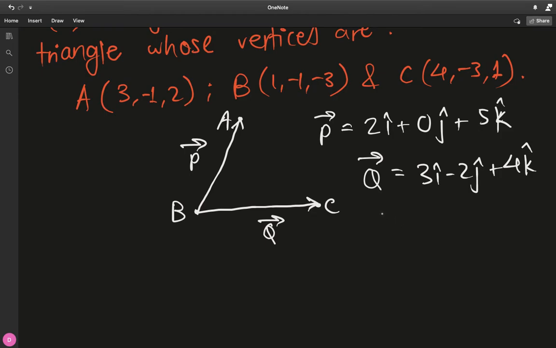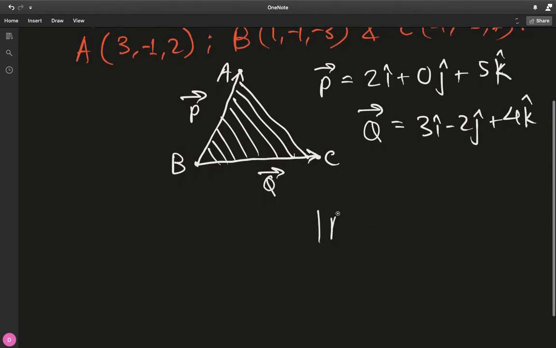Okay, now so we have two vectors, and to find the area of the triangle that it will cover, we need to calculate half of the magnitude of the cross product, because the magnitude of the cross product of P bar and Q bar will actually give the area of the parallelogram that they basically span, if you want to put it that way.